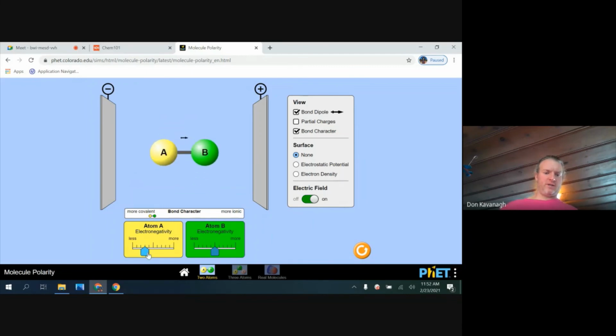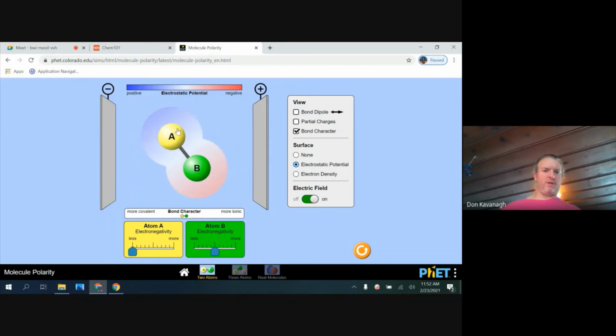So it is aligning itself. We'll make that dipole larger. So you see how the dipole there has a positive sign on that side? There's that partial positive, that blue side right there. This molecule is going to align itself with the electric field because positives are attracted to negative stuff, and negative stuff is attracted to positive stuff. I hope this helps. Thank you.